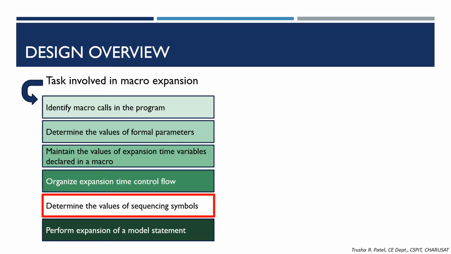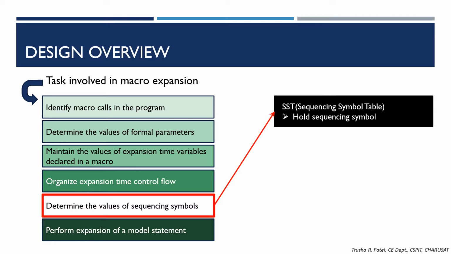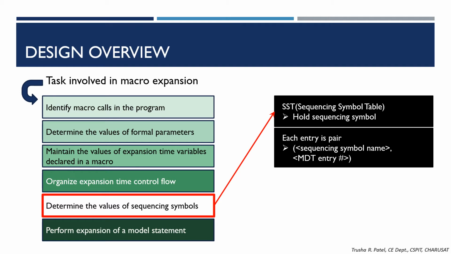The next is determine the value of the sequencing symbol. The table required is SST, that is sequencing symbol table, which holds the sequencing symbols, and each entry is a pair, that is sequencing symbol name and the entry number in MDT, that is macro definition table.